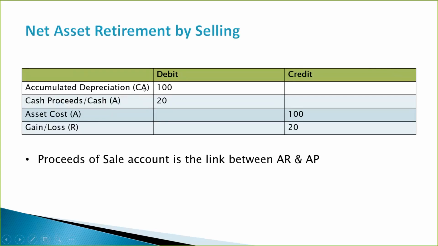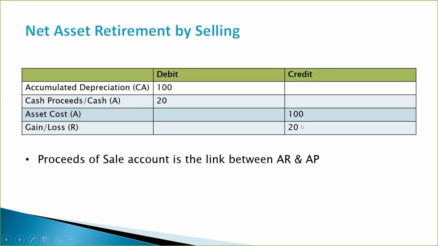So accumulated depreciation, cash. This is the reason why I was calling these accounts like cash proceeds, although it was the actual cash account, because I just wanted to indicate where this is coming from. It's the proceeds of sale. But anyway, this is the cash account because you received cash for selling that asset. And then you have the gain from those sales.